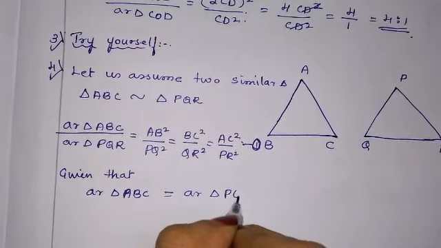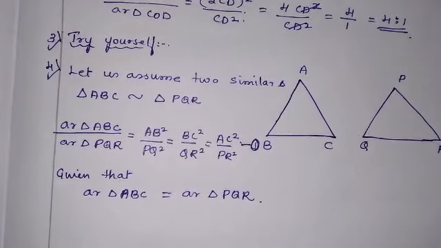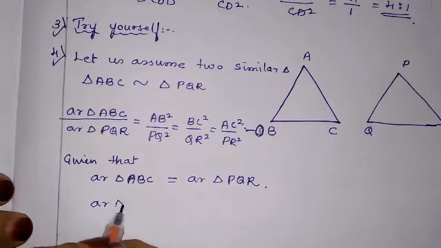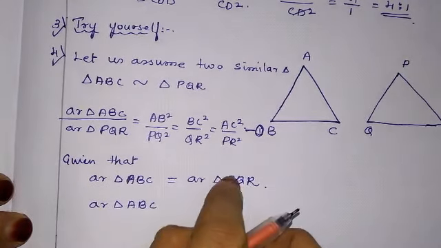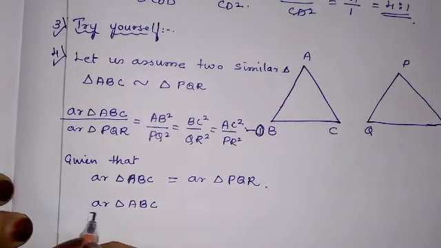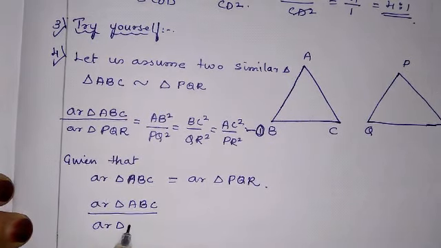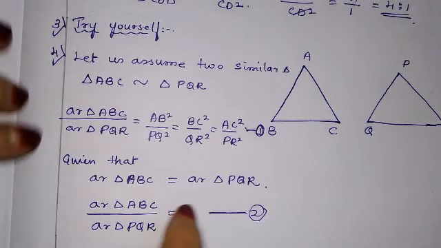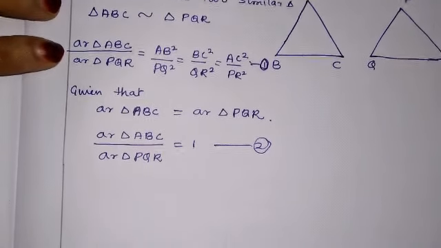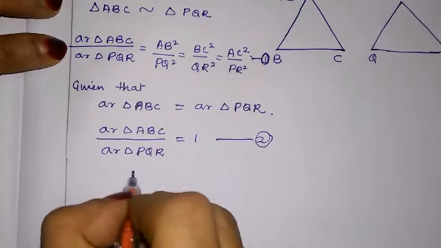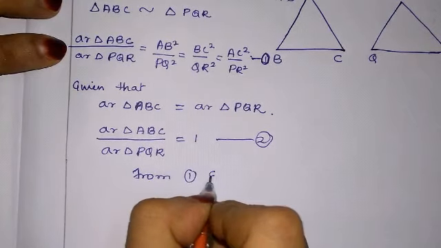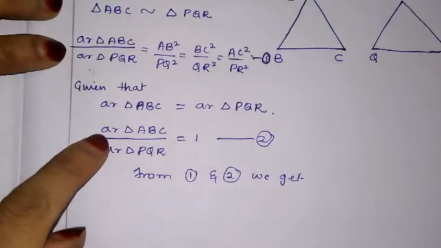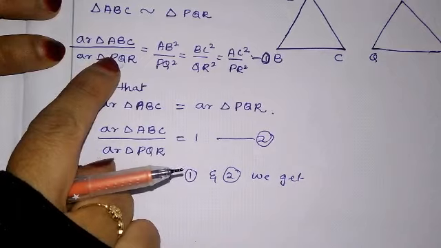Okay. Now it is given in the question that area of triangle ABC is equal to area of triangle PQR. It is told their areas are equal. Okay. Now we know that if area of triangle ABC as it is, if I bring this side, it becomes divided by area of triangle PQR. There it will be 1. Equation 2. We can see from 1 and 2, both equations have area of triangle ABC upon area of triangle PQR.